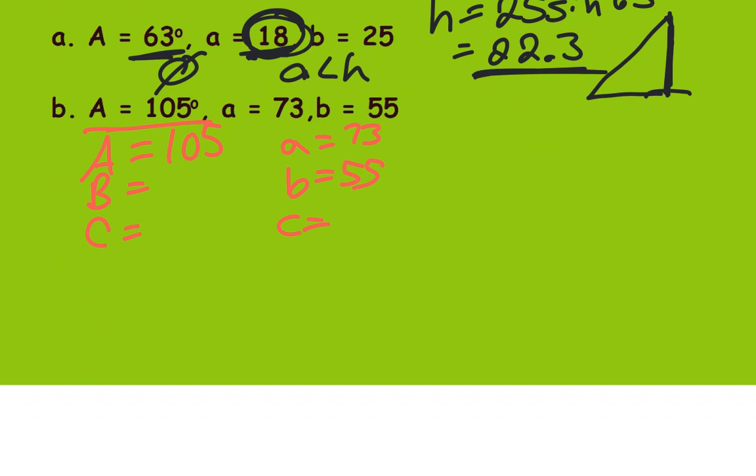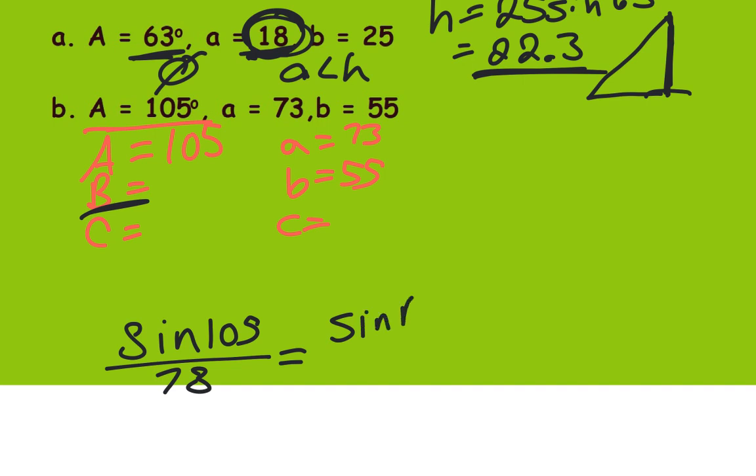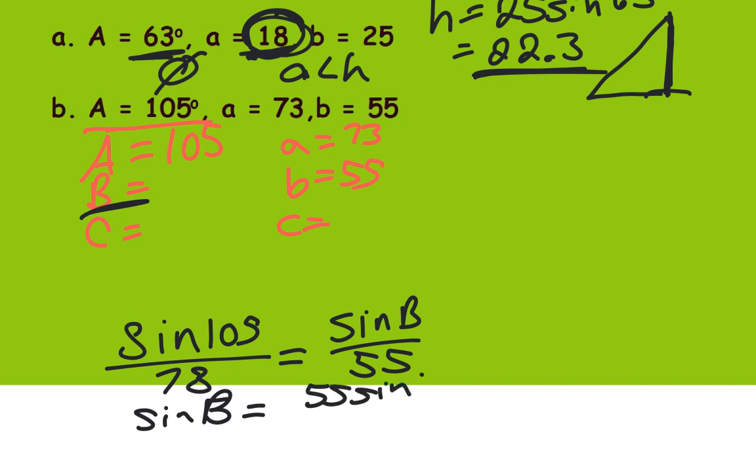So I'm going to set up my law of sines, and I see my angle side pair. So sine of 105 over 73 equals, and I'm going to go ahead and find angle B, because I can't find angle C without knowing angle B. So I have sine of B over 55. Cross multiply, sine of B equals 55 sine of 105 divided by 73.